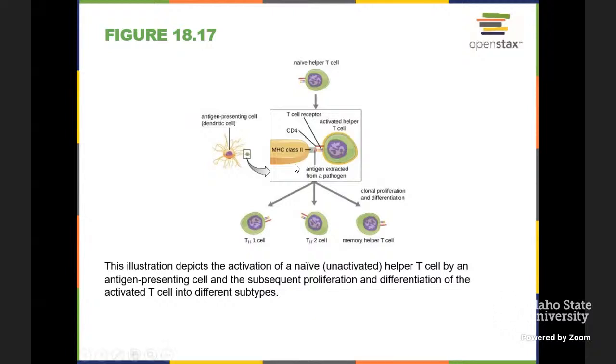So this activation here, the naive cell that hasn't yet decided who am I going to be, helper one, helper two, memory cell technically is going to result from these being stimulated. All right. It's not just going to be like, I'm just going to be a memory cell. All right. This happens first. All right. So T helper ones and T helper twos are what ultimately gets stimulated based off of this fragment that's being shown. All right.